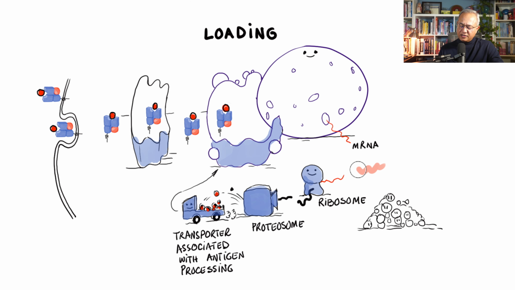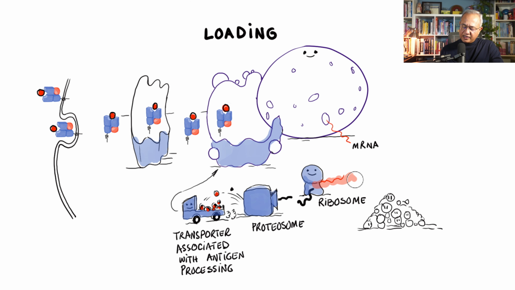RNA viruses will release their RNA within the cytoplasm of the cell, and those RNAs will bind with our ribosome and start making viral proteins. DNA viruses can actually create messenger RNA from within the nucleus as well, which would then come out and bind with the ribosomes.